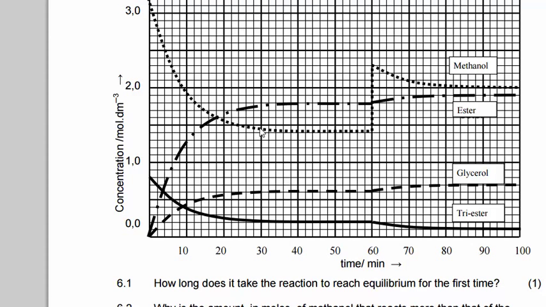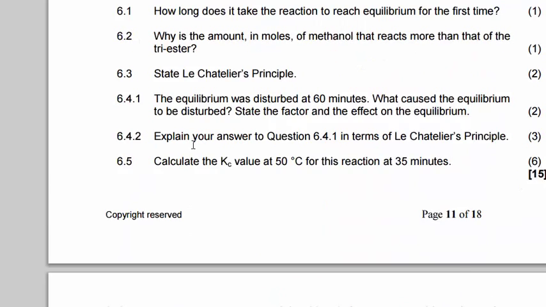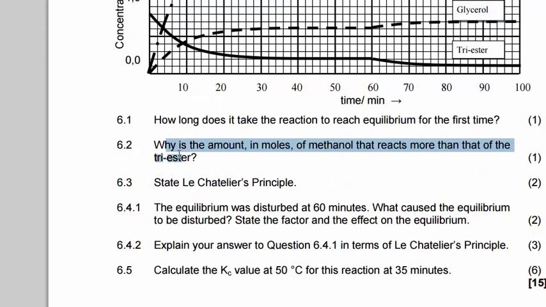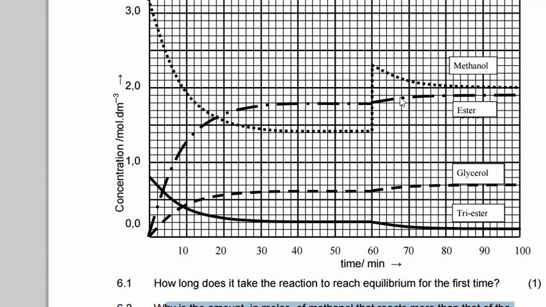Anything less than this, the graph isn't flat yet. So try and be as accurate as possible. It's better to go a little bit further than back. Why is the amount in moles of methanol that reacts more than that of the triester? If we look at the methanol, look at the change. It goes all the way from there way down here, while the triester just goes like that, and they're asking why.